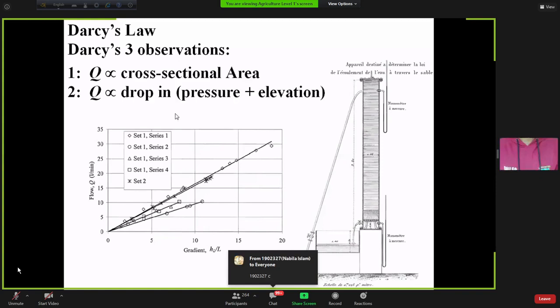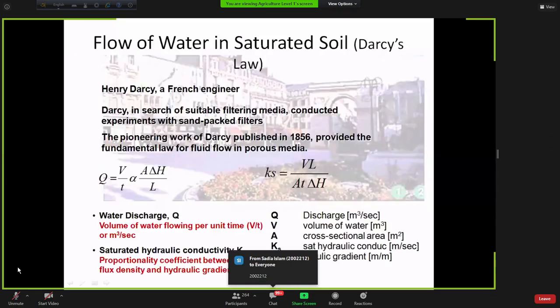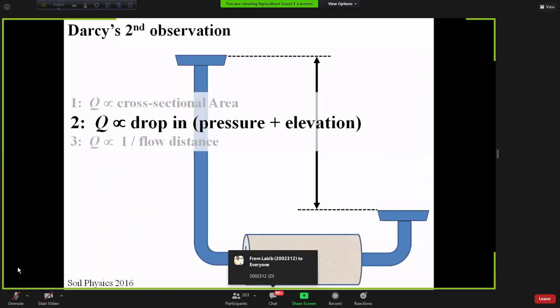Yes, sir. Under Darcy's experiment, we now know the experimentation that Darcy conducted. We know his observations, three findings from the experiment he published in 1856.